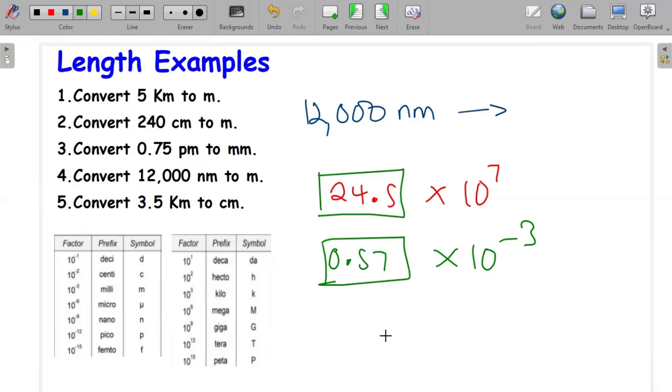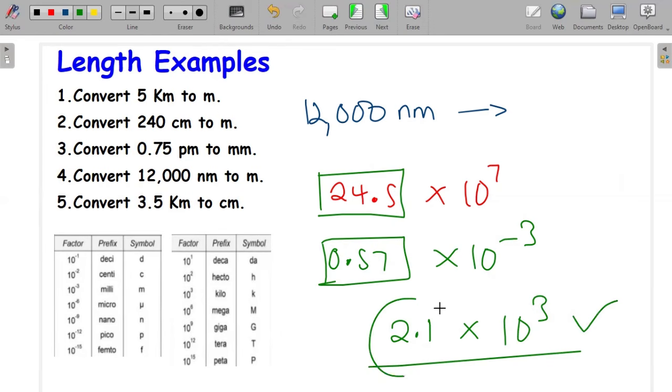So if I write 2.1 times 10 to the power 3, this is scientific notation, because the number is between 1 and 10. That's what I was saying.